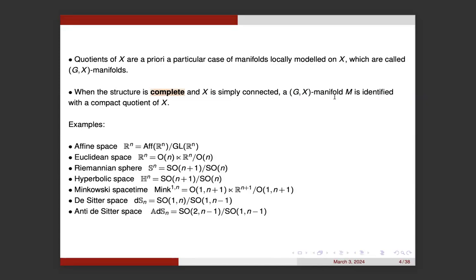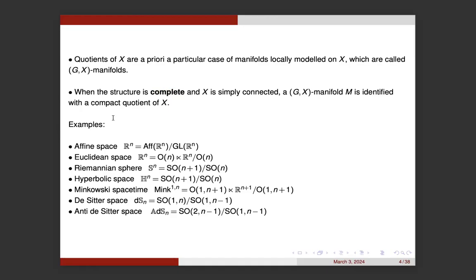In general, the first question is more general than the second one. But when the structure is complete, the two questions are equivalent. And in my talk, all the structures I will see are complete. So for me, looking for compact manifolds locally isomorphic to the homogeneous space I fixed in the beginning is the same as looking at compact quotients.